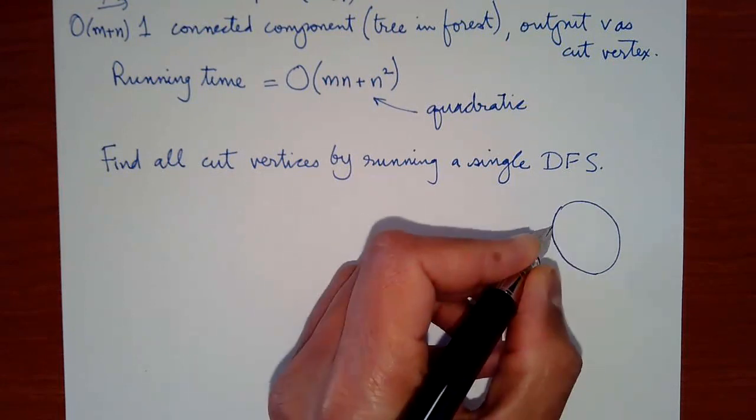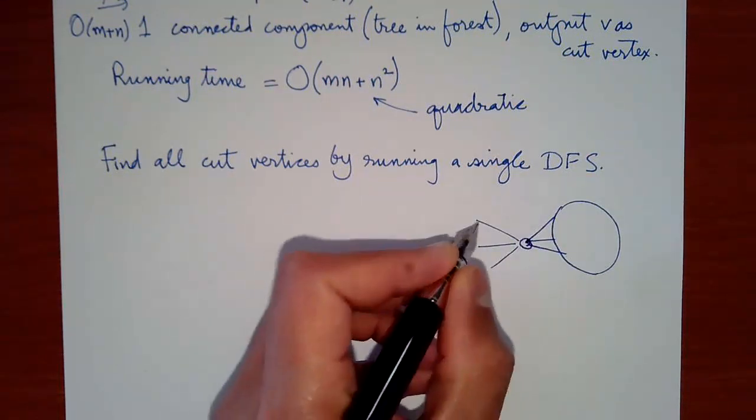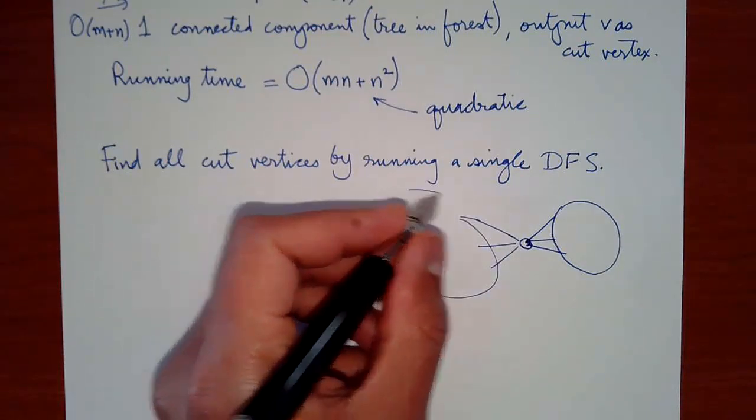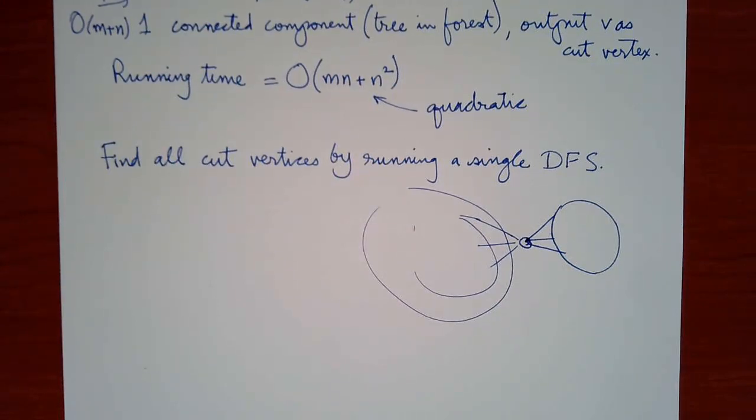So we have this graph, and here's our vertex, and here's the rest of the graph. Here's everything else. So think about it, DFS is going to have to start somewhere.